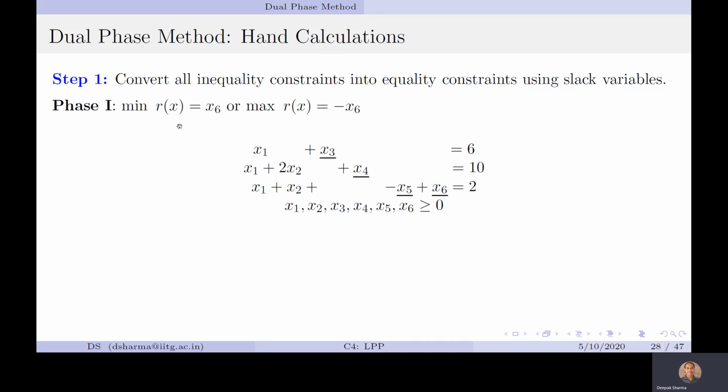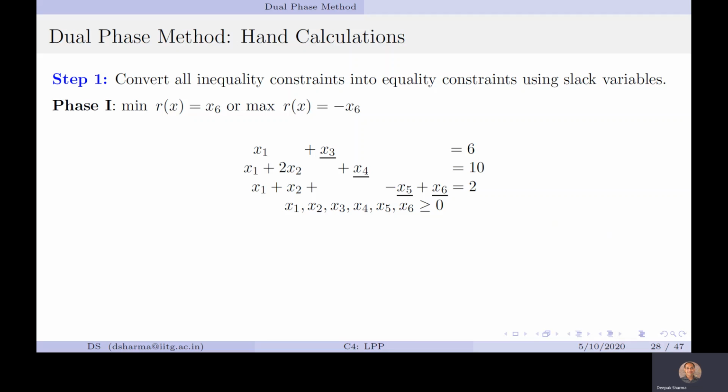In this case, we currently have just one artificial variable, which is x6. But suppose you are solving a problem with, say, 3 artificial variables, assume x6, x7 and x8. Then phase 1 says that we have to minimize R = x6 + x7 + x8.